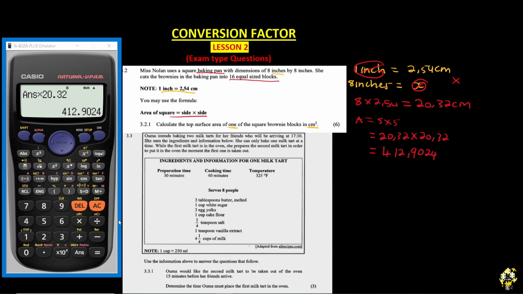So if you were baking and after baking you cut the brownies into 16 equal squares, and the question told me that I need to calculate the area of one of those 16, what am I going to do? This equals all the 16. So in order for me to get the area of one, I simply have to divide by 16.